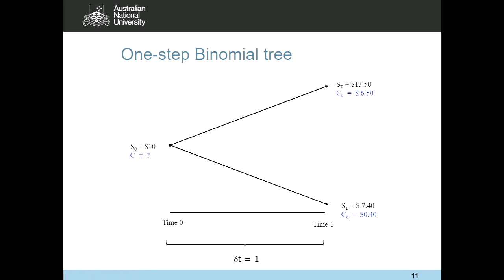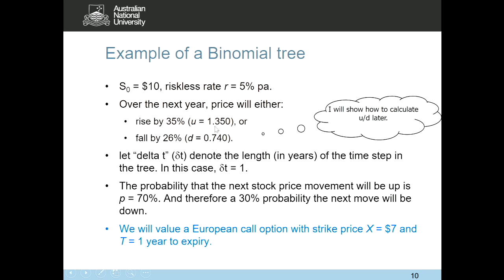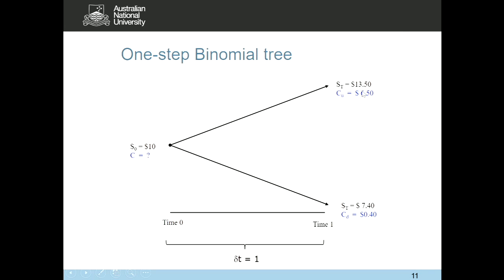The way I'm going to draw this binomial tree is I take the current share price, $10, and multiply by the proportional increase, 1.35, and the share price will move up to $13.50. So when the share price increases, in 1 year's time it will grow to $13.50.